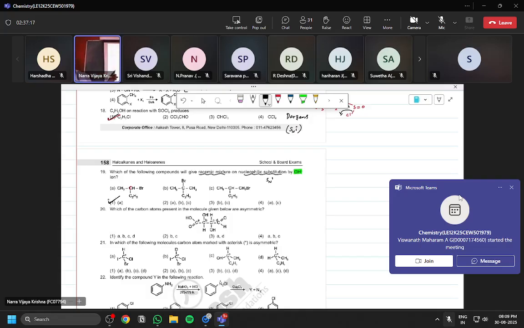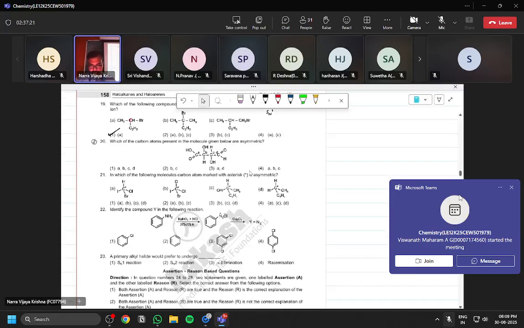Next one. Which of the following carbon atoms present in the molecule given below are asymmetric? Right? Means they are talking about chiral carbons. Which are chiral carbons? So B and C are chiral carbons or not? 4 different substituents. A and D have unsaturation. Right?